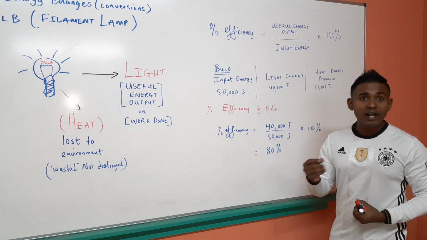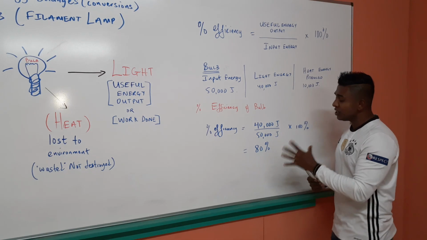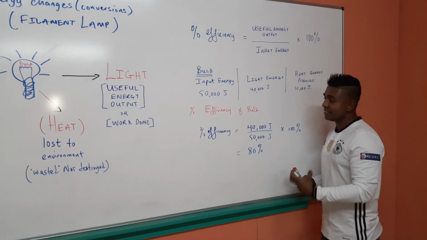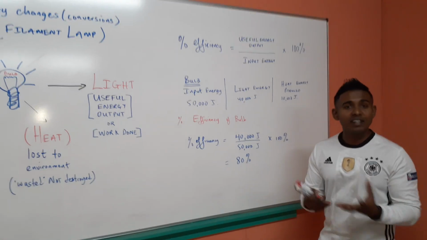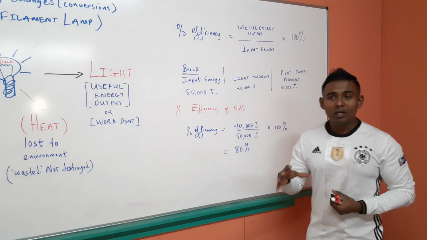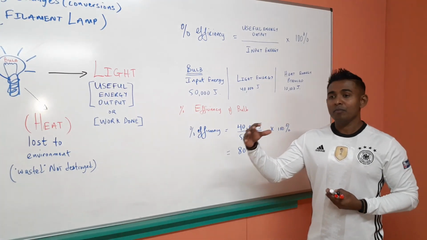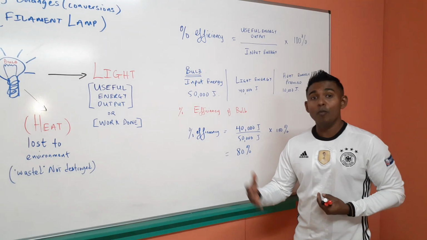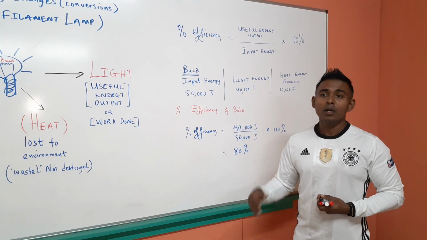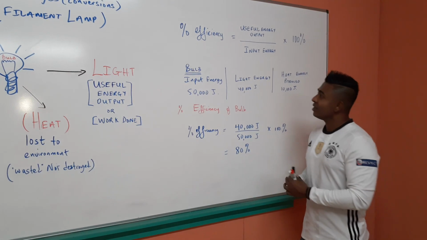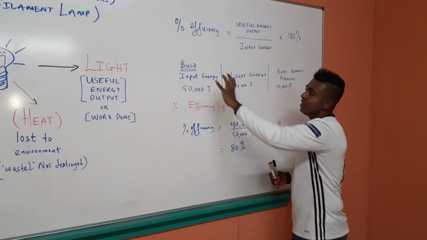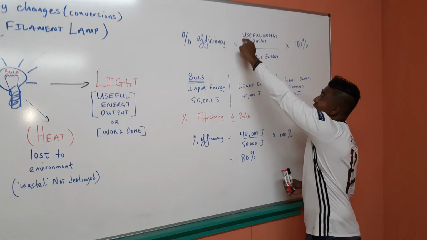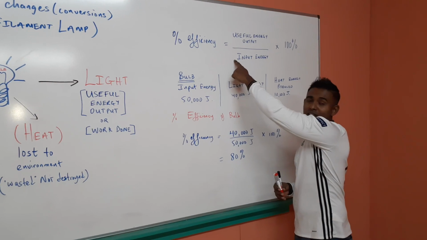It is worthwhile to note that no machine is more than 100% efficient. If you do a calculation and a machine is said to have 110% efficiency or more, most likely what you did was put the input energy on top and the output energy below in the formula.